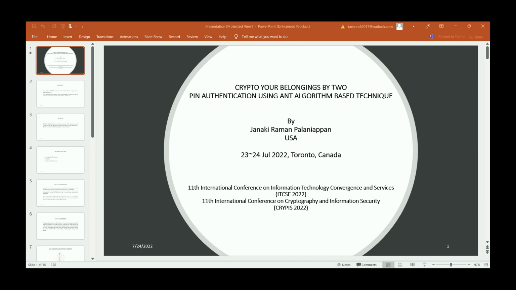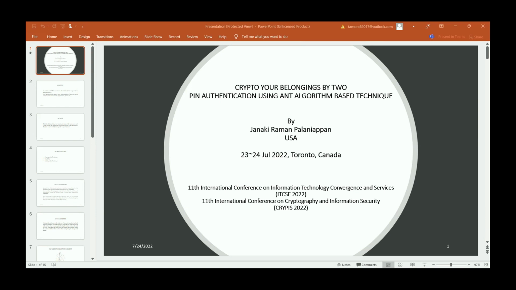We all know that cryptography is a method to hide the data. We give some key and it ciphers the data into a non-readable format. Then when the end user gives the key, it decrypts and gives you the original information. Cryptography has two methods in general, symmetric and asymmetric key.